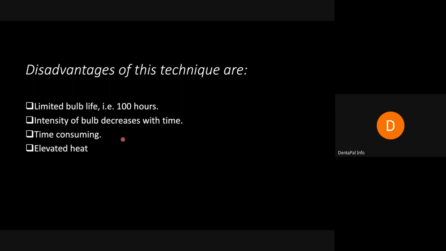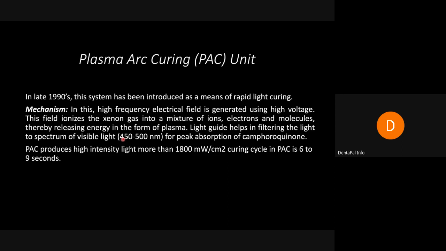Light curing by the halogen is time consuming because we need to polymerize for longer time to achieve the needed intensity of power. And as we said, it elevates heat, and this increase in temperature may affect the vitality of the pulp and cause hypersensitivity.